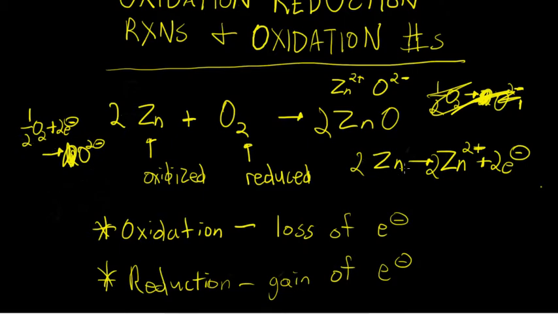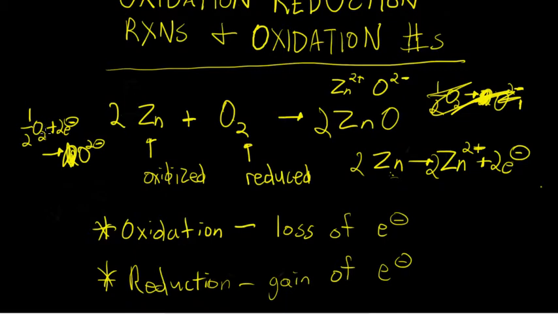But really what happens here is these 2 electrons that are lost by zinc are the 2 electrons that are gained by this oxygen. So in effect, this neutral zinc gives the electrons to the oxygen. And the half reaction for oxygen is shown here.